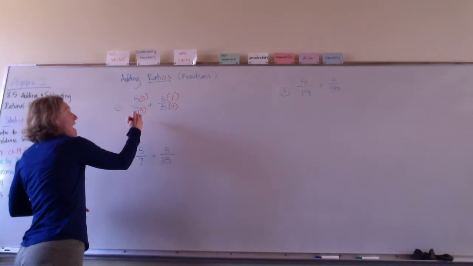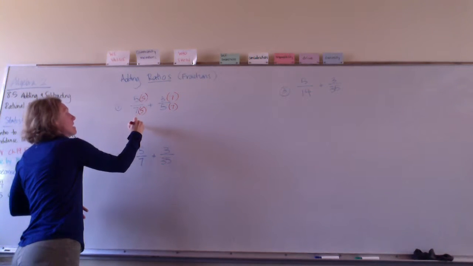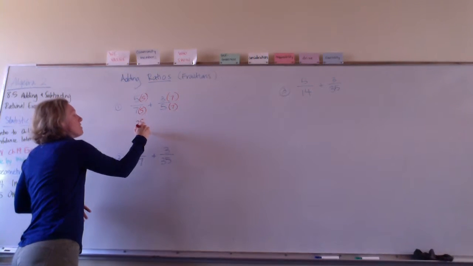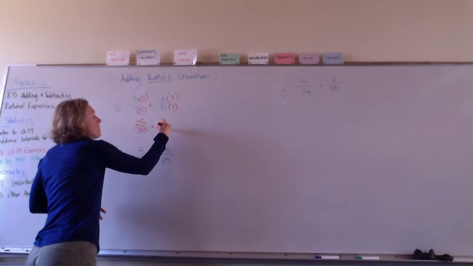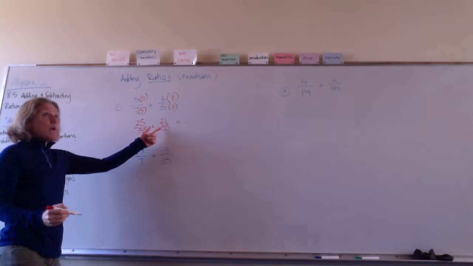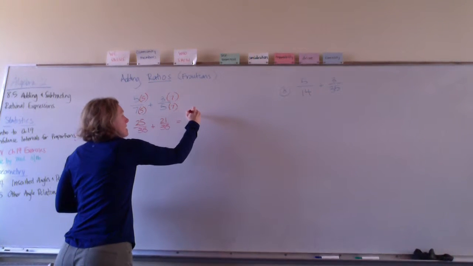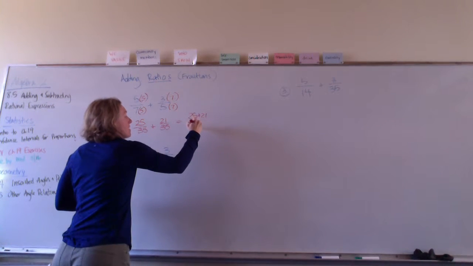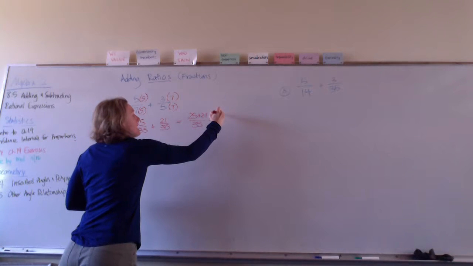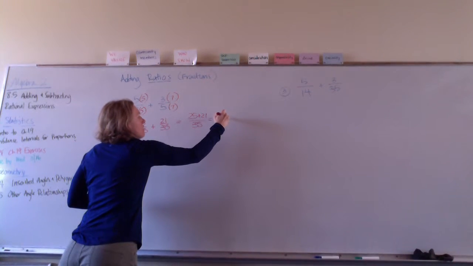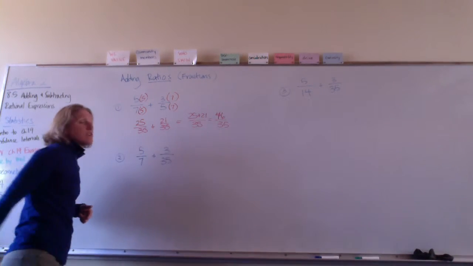So yeah, now what do I have? 5 times 5 is 25 over 35 plus 21 over 35. Now I just add 25 plus 21 over 35, and that gets me 46 over 35.